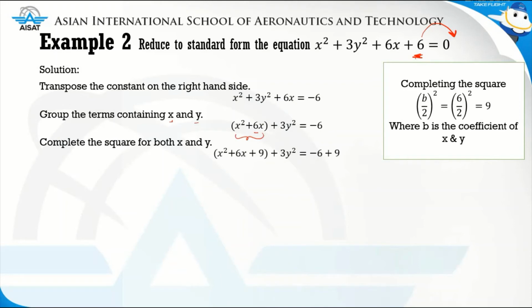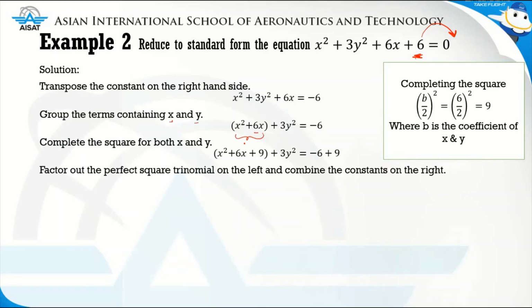So we have x squared plus 6x plus 9 plus 3y squared is equal to negative 6 plus 9. So after adding 9 on the left-hand side, we also have to add 9 on the right-hand side to maintain the equality. Now after that, we have to factor out the perfect square trinomial for x and combine the constants on the right.